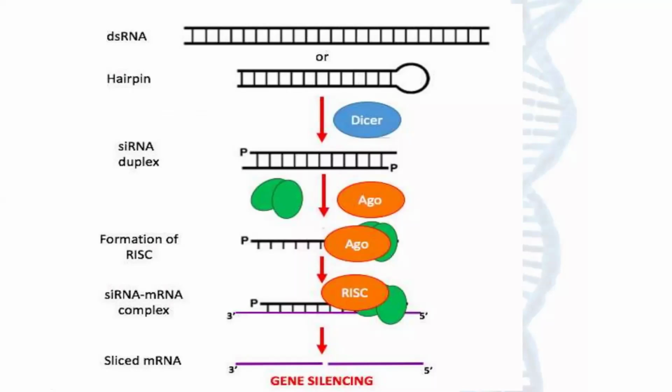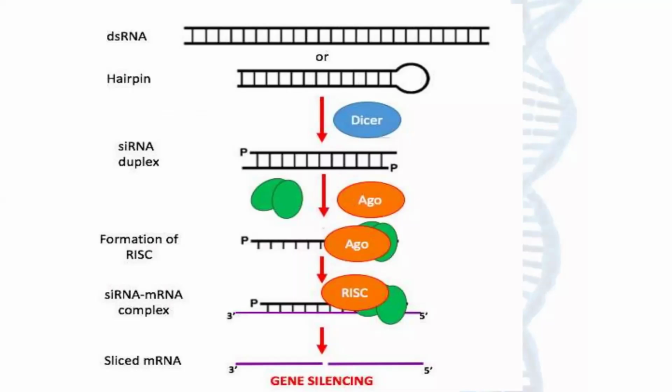So in simple terms, from this diagram, we can say that the short interfering RNA is a type of RNA that is usually long, cut into a short double-stranded RNA by an enzyme called dicer. Then argonaute will unwind it to form the sense strand and the antisense strand.